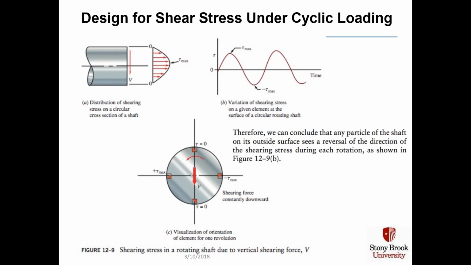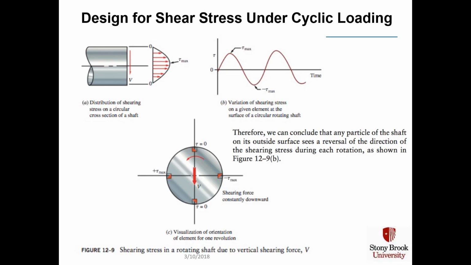Here, at top dead center of 0 degrees you have 0 shear, and as the shaft rotates, momentarily at 90 degrees of counterclockwise rotation you're at max shear. Then at 180 degrees, again it's cyclical, it's a constant RPM, the shear goes to 0, and at 270 degrees of rotation you're at the negative shear max.